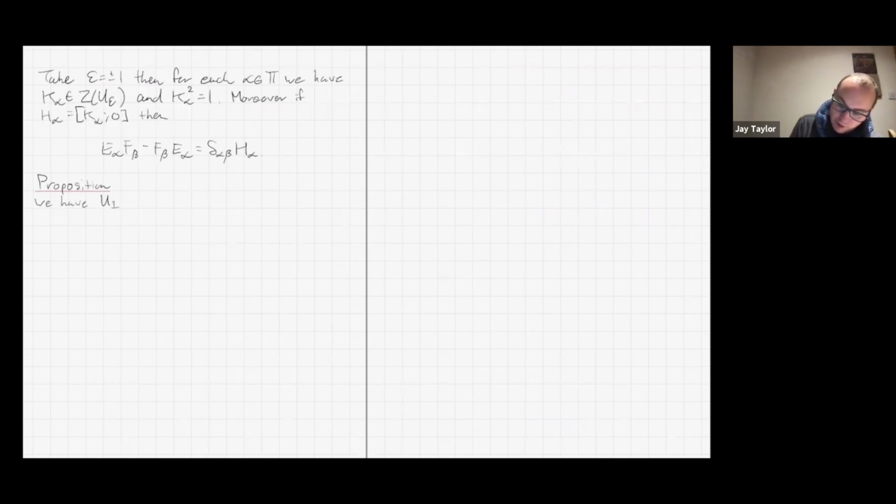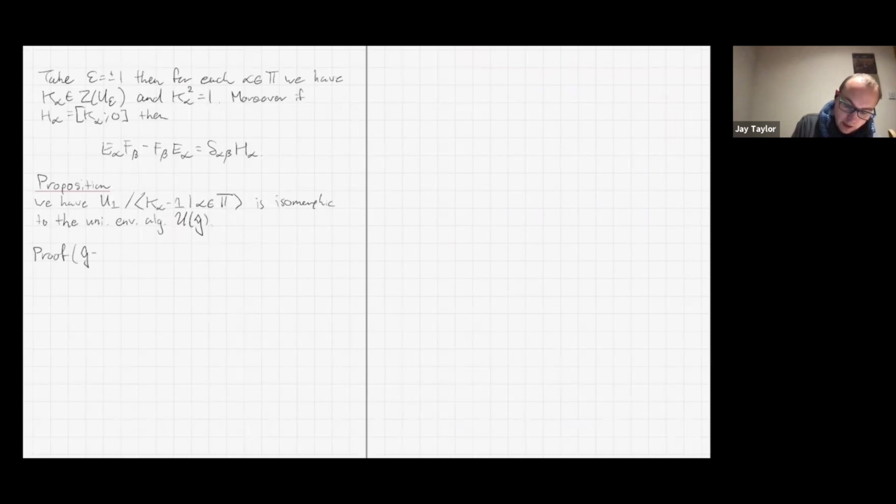If I take the specialization at 1 and I mod out by this subalgebra, then this is going to be isomorphic to the universal enveloping algebra of the Lie algebra.